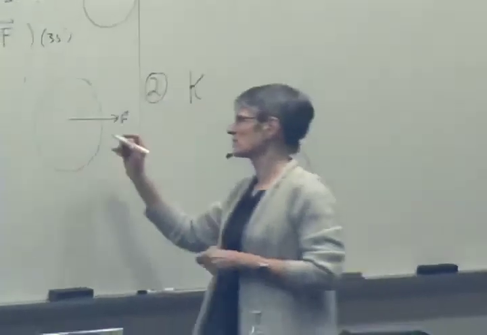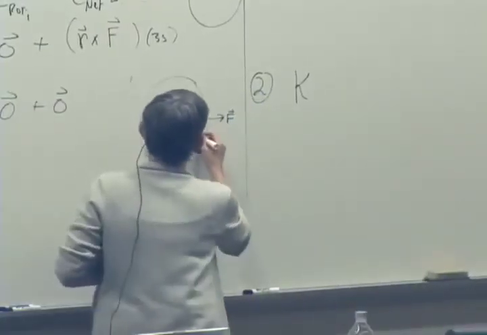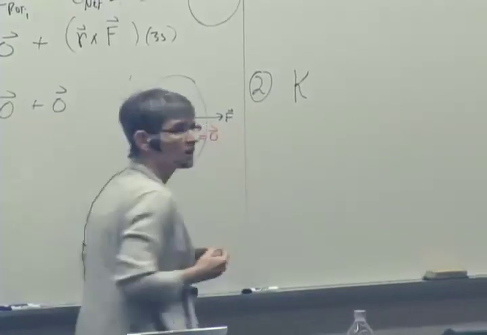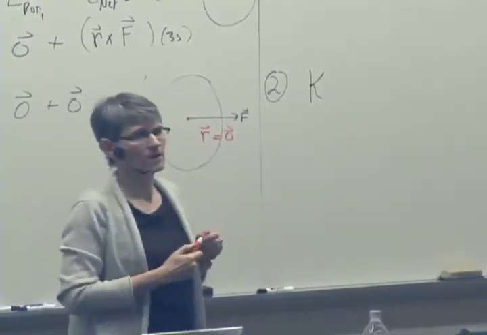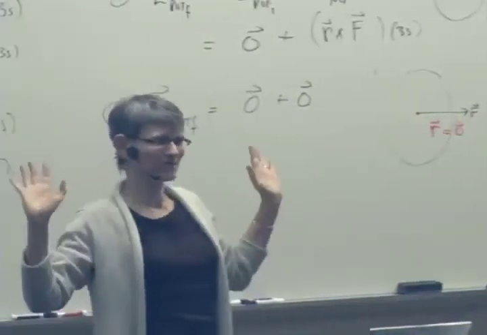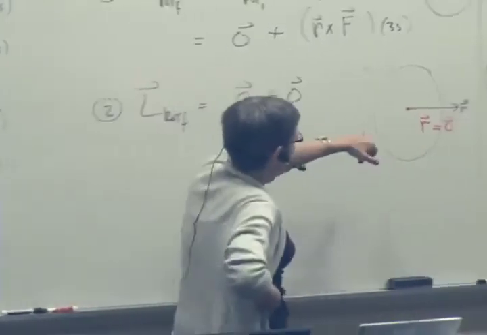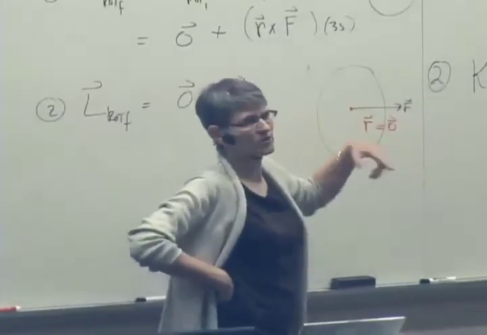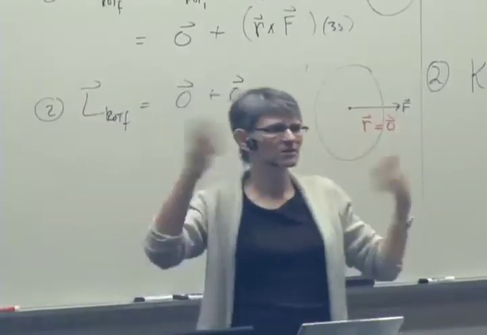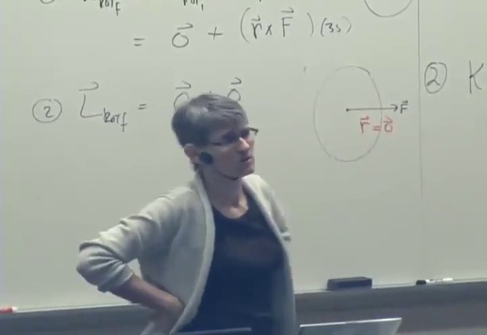R is 0, isn't it? Because we're taking torque about that point, R is 0. The cross product is not defined when one of the vectors is 0. And that makes intuitive sense, because pulling from the center, which way would it make it spin? It won't. So that's why it's 0.